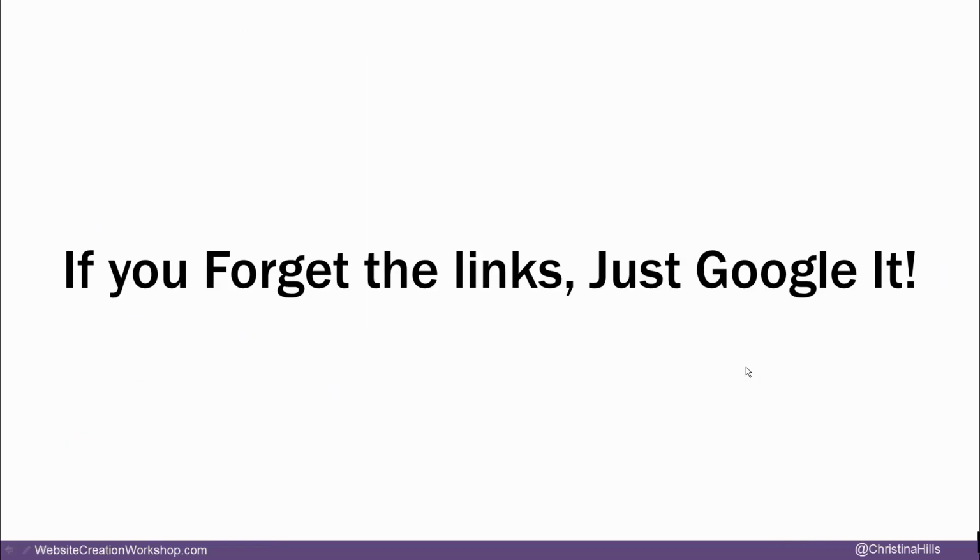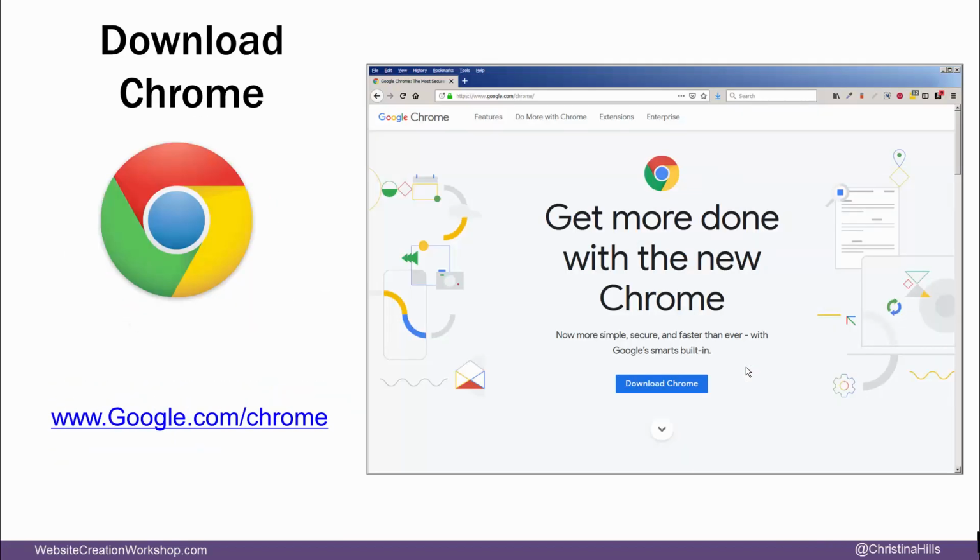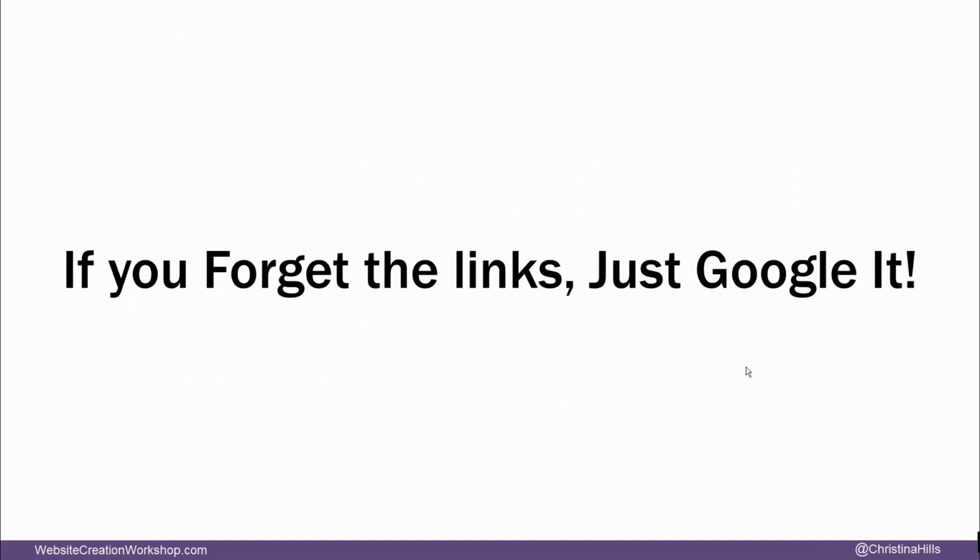But you don't have to worry about it. If you forget the links that I just gave you, just Google, download Firefox, download Chrome, and it will then give you the place to download it.